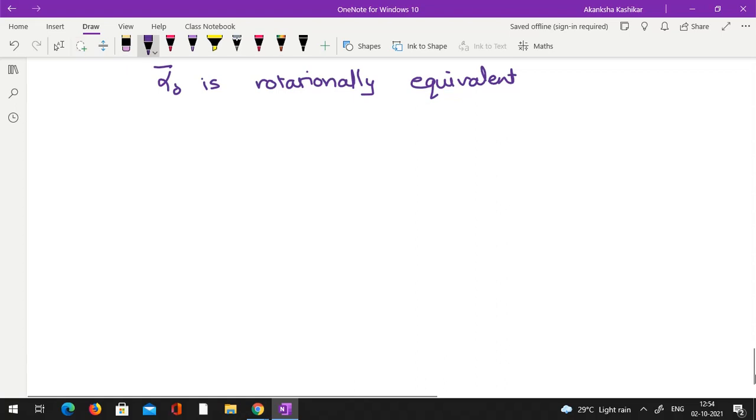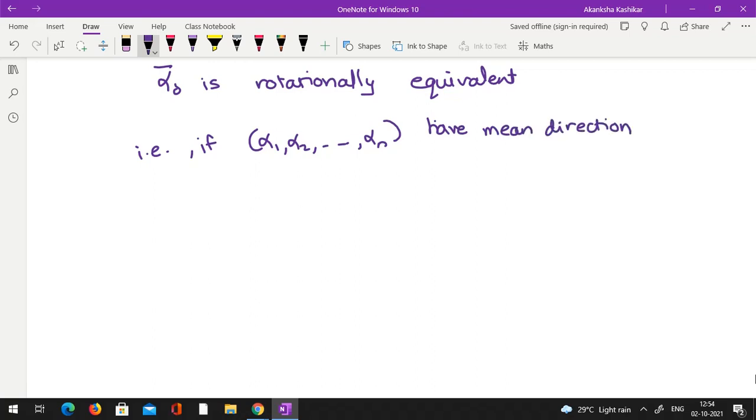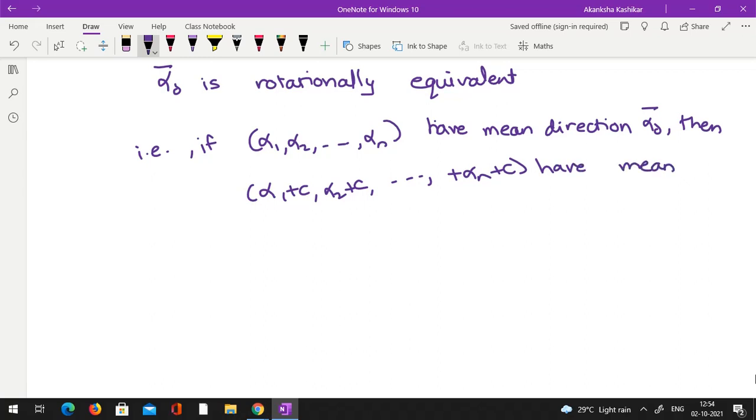That is, if alpha 1, alpha 2, ..., alpha n have mean direction alpha naught bar, then alpha 1 plus c, alpha 2 plus c, up to alpha n plus c have mean direction alpha naught bar plus c.